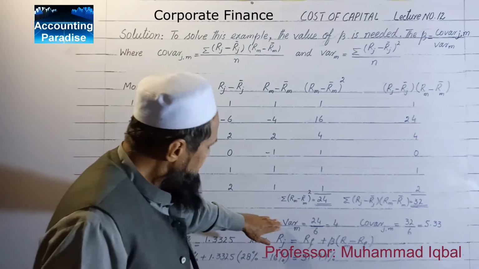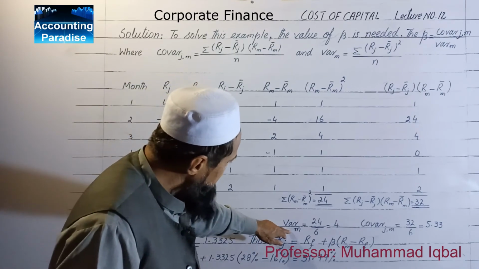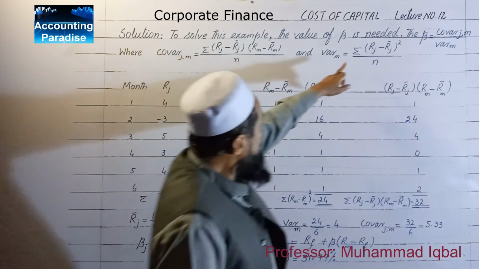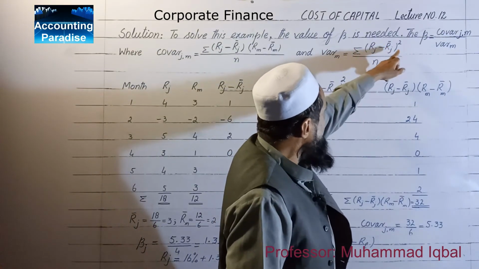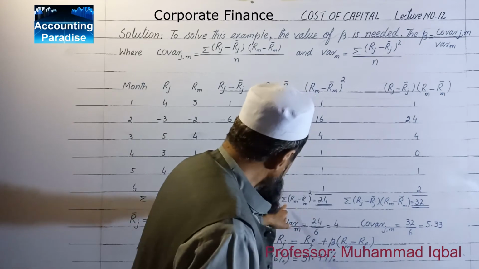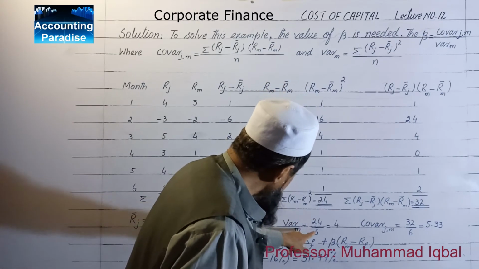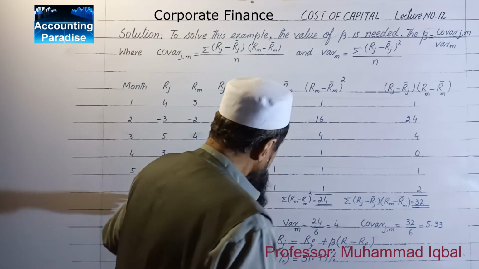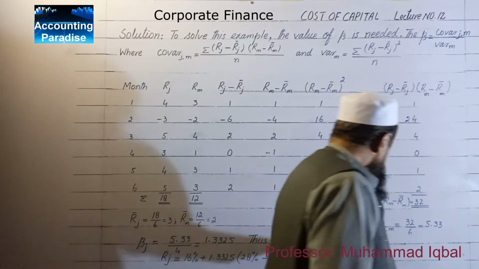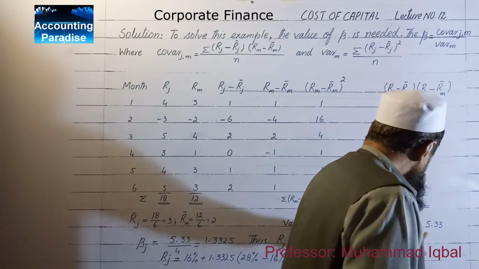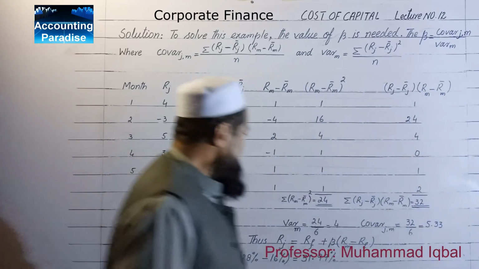Now the variance M is equal to sigma Rj minus R bar j whole square over n. The summation is this. When we divide by n, 6, we get 4. In the same way, covariance Jm is 5.33.